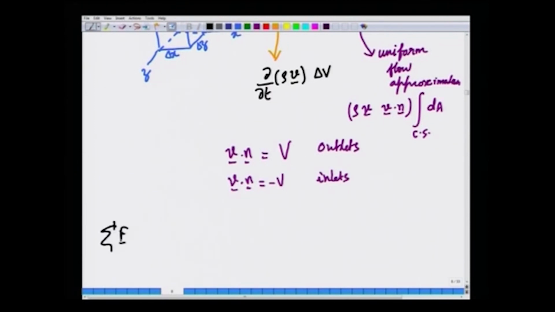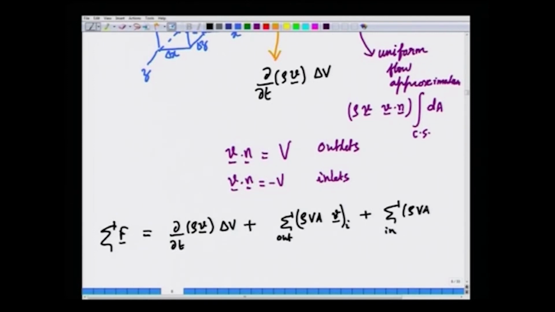summation of all the external forces acting on the control volume is equal to d dt of rho v times delta V plus summation over all outlets rho V A times V plus summation over all inlets rho V A times V, where i is the index that goes over various outlets.